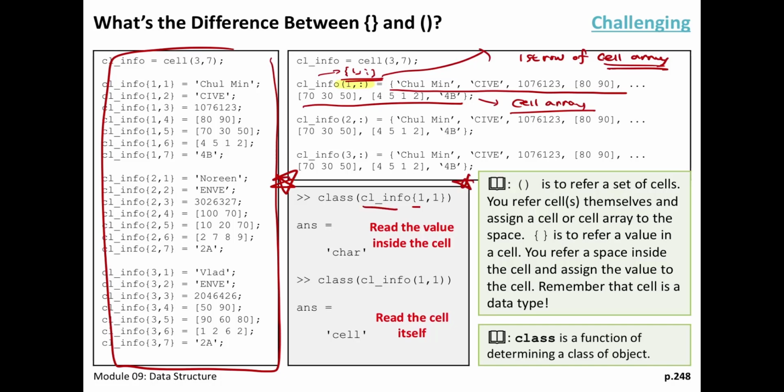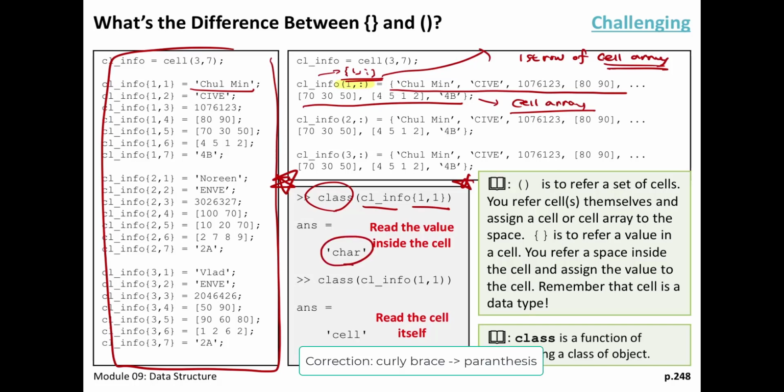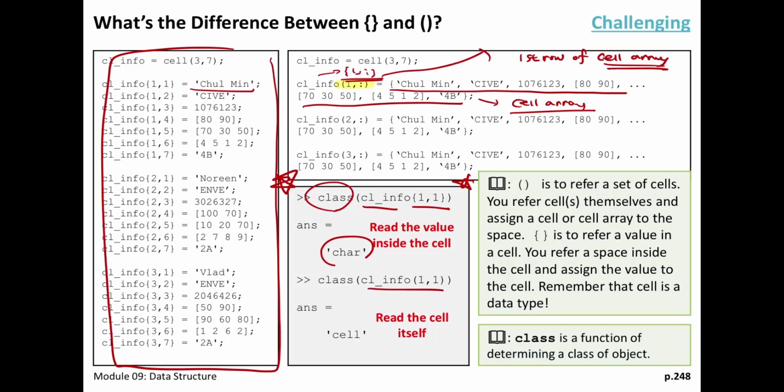So if you see here, this is important. Class input, this one is a curly brace. You're referring the value inside of the cell. So what is the value inside? It's a character vector. That's why if you find out the types of this value, that is the character. But if you use the curly brace here, what is the data type?